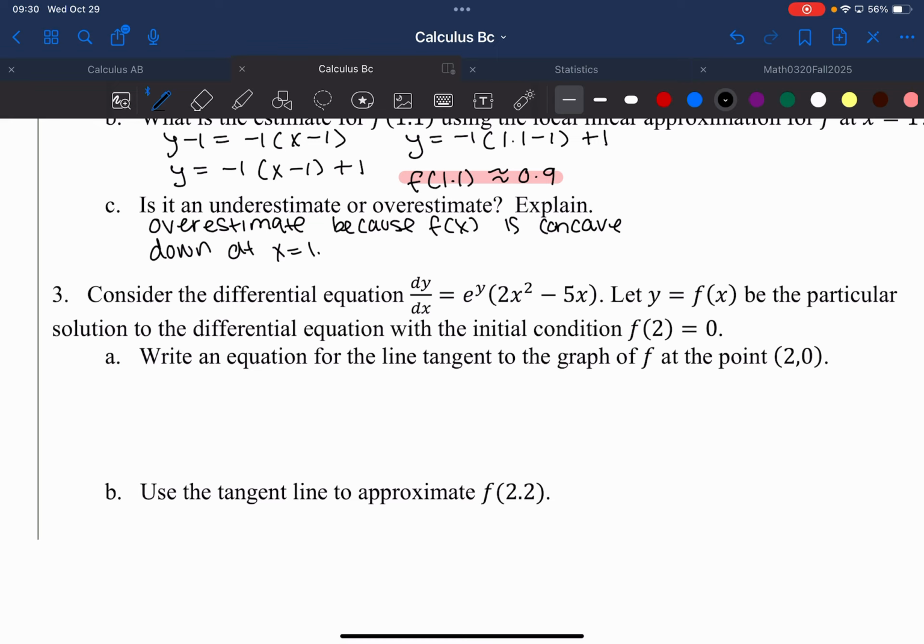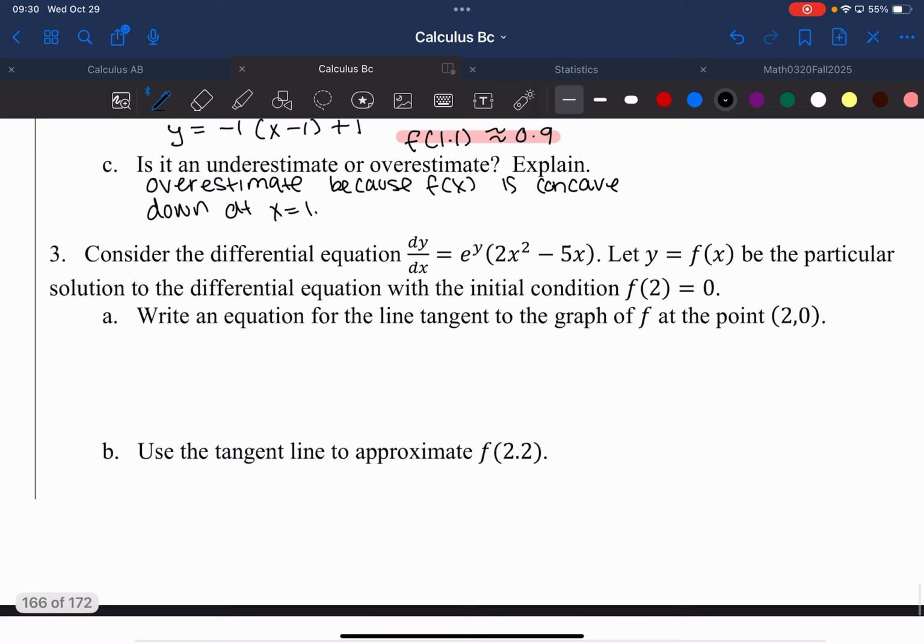Which means in order to find that equation for the tangent line, we have dy dx, we just have to plug in what values? Y and x, which is 0 and 2, based off the problem. Okay, so dy dx evaluated at (2, 0).